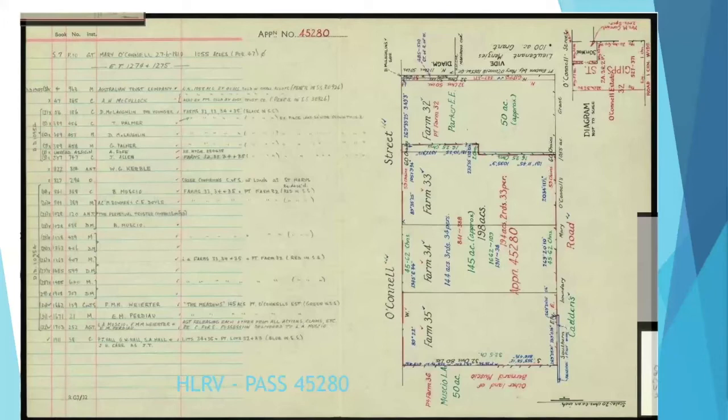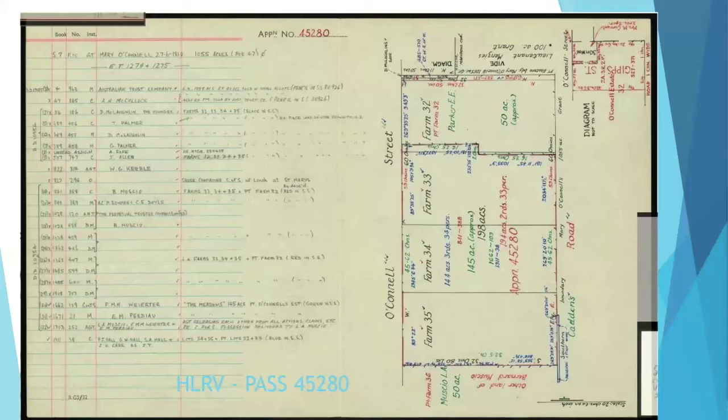We've got a lovely little plan of the property as the poor title examiner tries to actually reconcile descriptions of boundaries from all of the different documents. And we have a list of all the various documents with their certificate of title number. And finally, we go back past Mr. McCulloch in 1868 to the Australian Trust Company, and before that to Mary O'Connell in 1810.